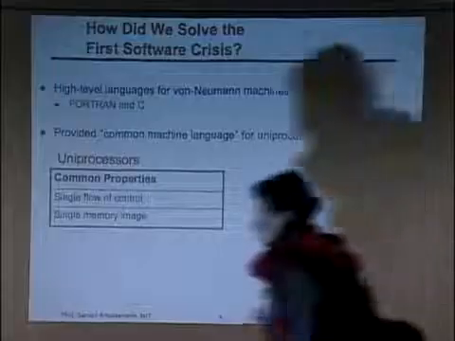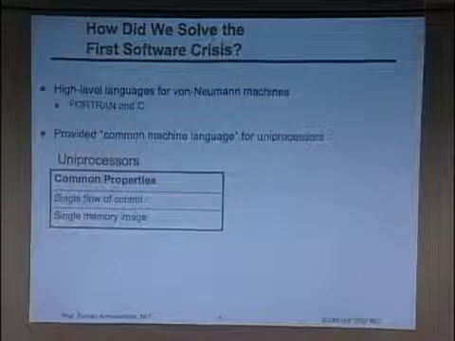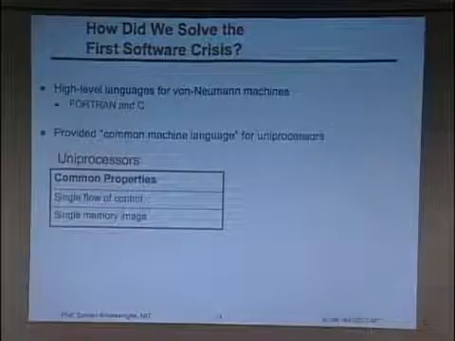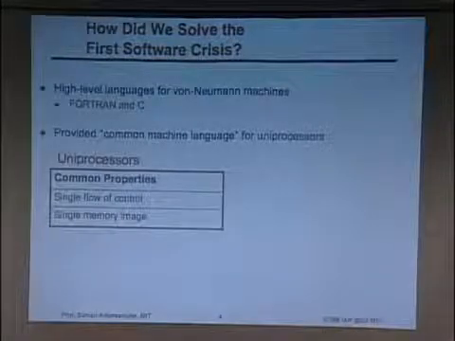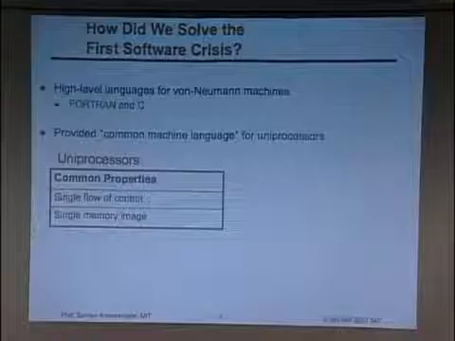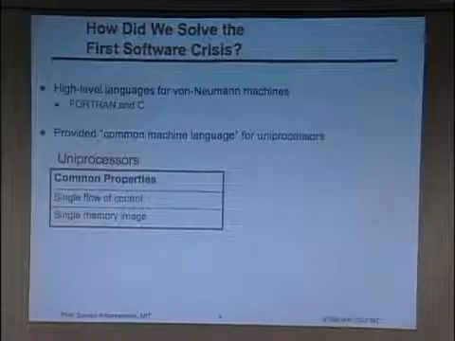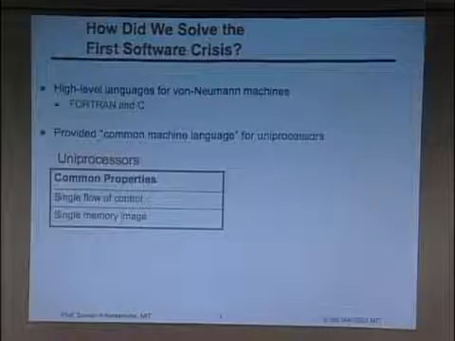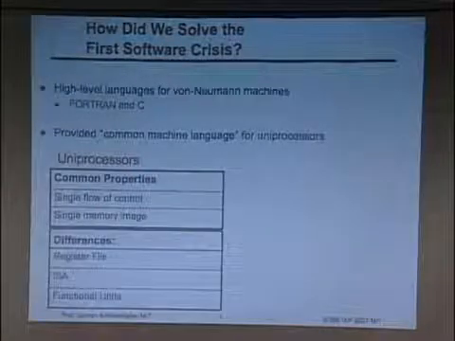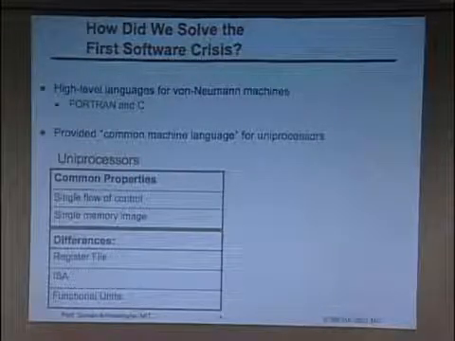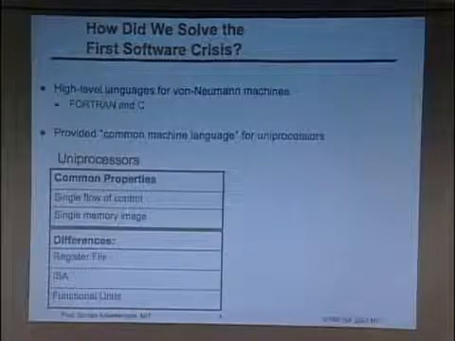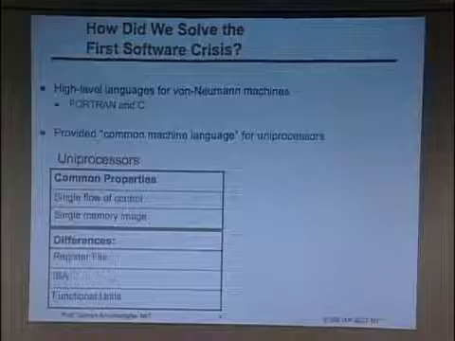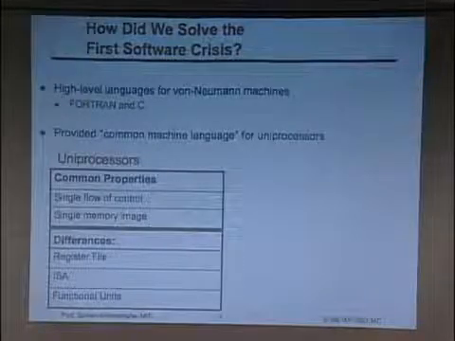They looked at all these machines of those days, the uniprocessors, and abstracted out all the common properties and made them available for the programmer. So it didn't really let the programmer go too far away from the machine, but it abstracted out all the differences. By doing that, we managed to get languages like C and Fortran working very fast and pretty efficient. So that's how we avoided the first software crisis.